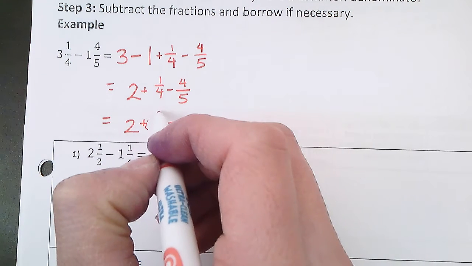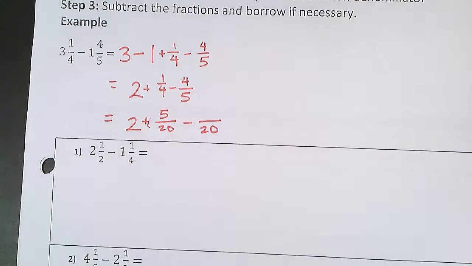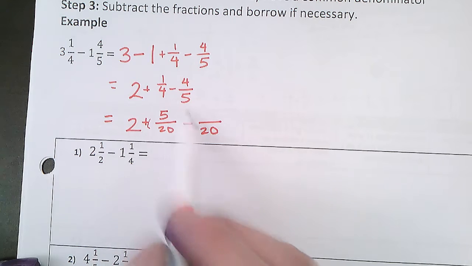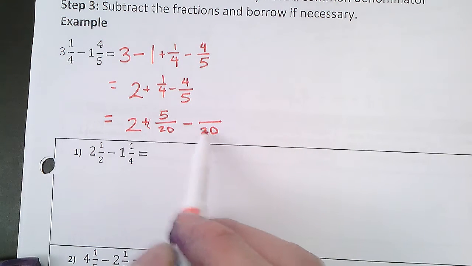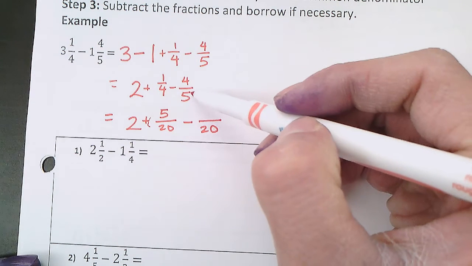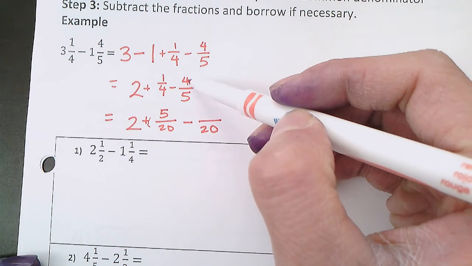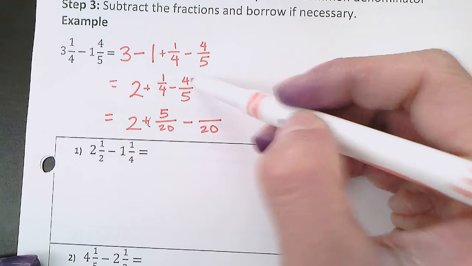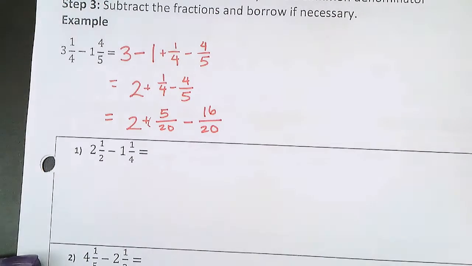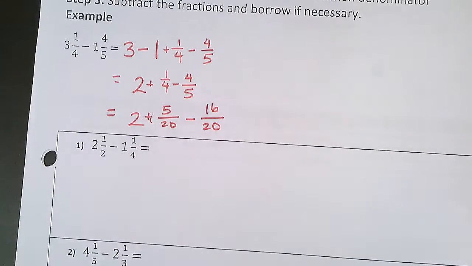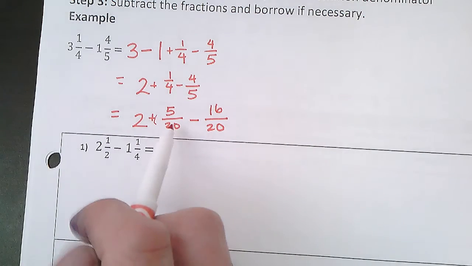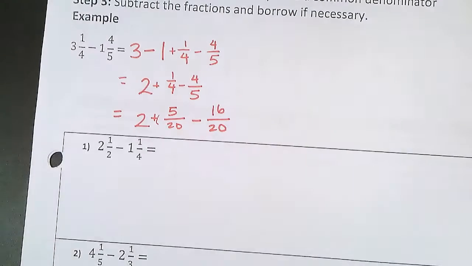So that would be 5 out of 20. And then 5 times what gives me 20? 5 times 4 gives me 20. So if I multiply 5 times 4, I also have to multiply the numerator times 4. So 4 times 4 is 16. And now I've converted these two fractions so that they have a common denominator. And now I can finish step 2.